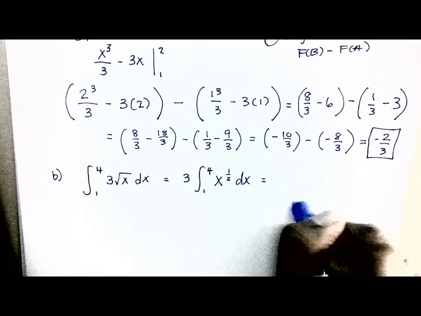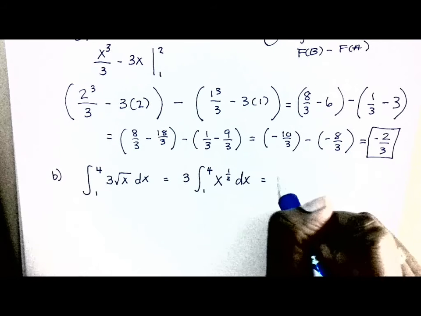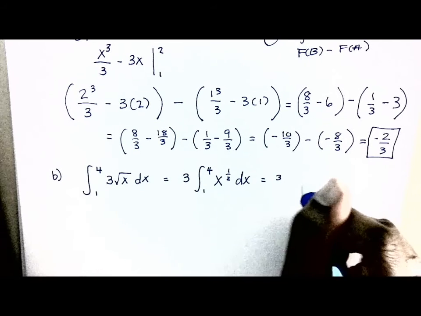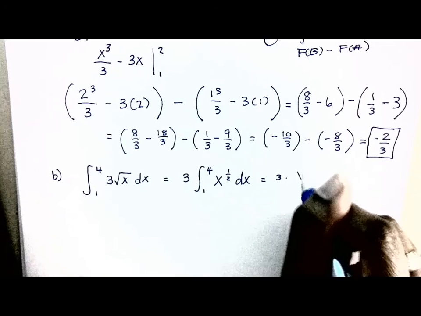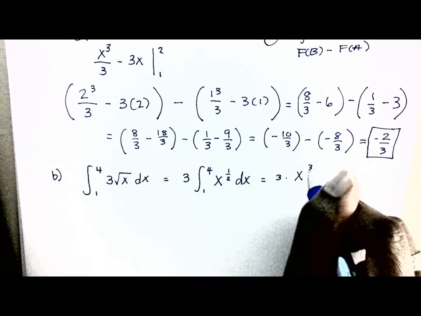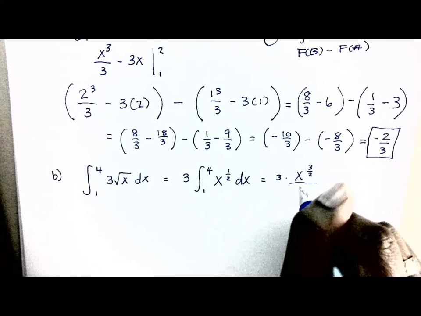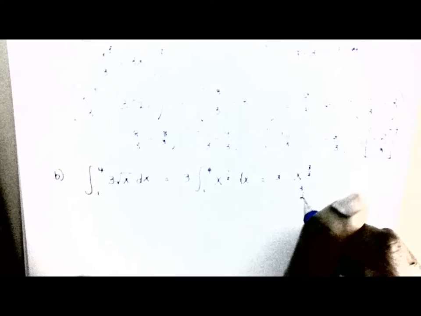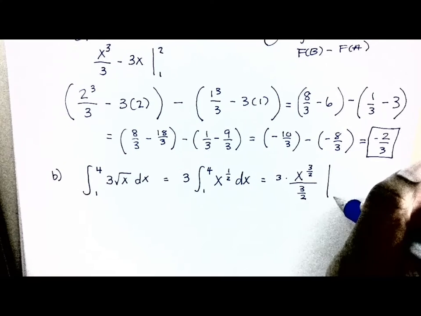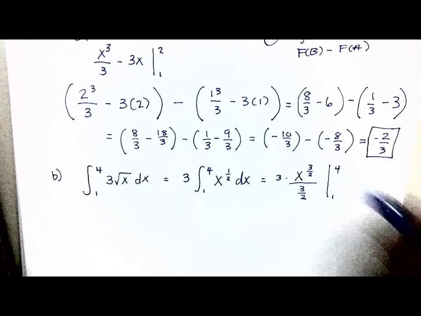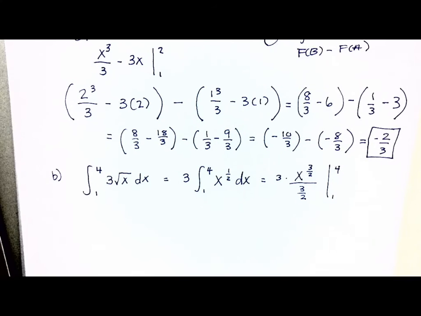So now we can integrate, take the antiderivative, 3 times x to the 3 halves over 3 halves from 1 to 4. I was very impressed on your test. A lot of you switched this very well. So dividing by 3/2 is the same as multiplying by what? 2/3.